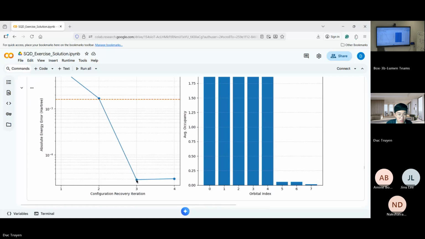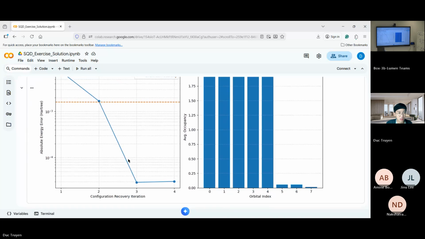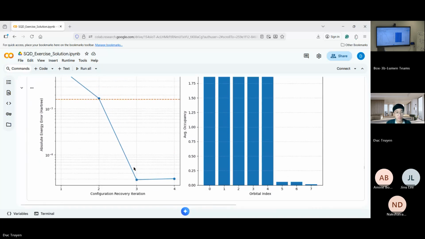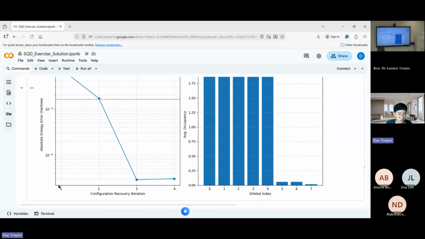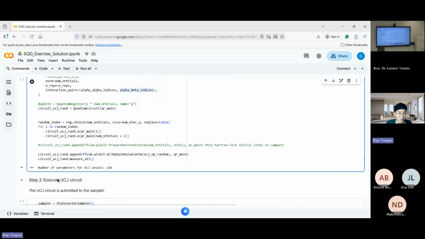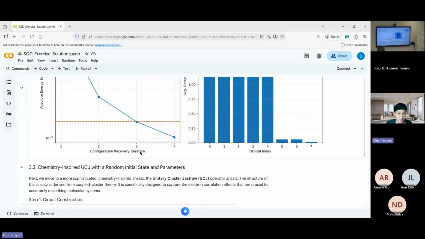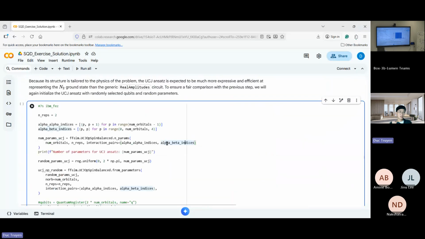After it's converged at its first step. Let's see, for power 4, first step convergence. So it's relatively better.